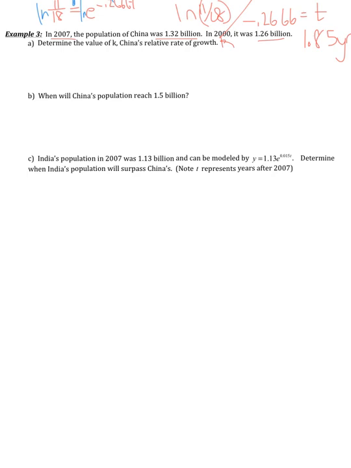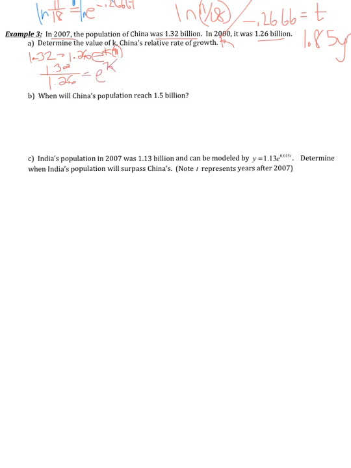So ending amount being 1.32, that's my f of x, is equal to my initial amount, my 1.26, so that's my a sub 0, e to the k times t power, in this case again will be 7 because we're in the year 2007. So first thing I will do is divide, sorry for the awful handwriting, 1.32 divided by 1.26 is equal to e to the 7k.